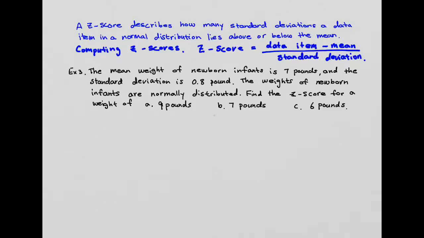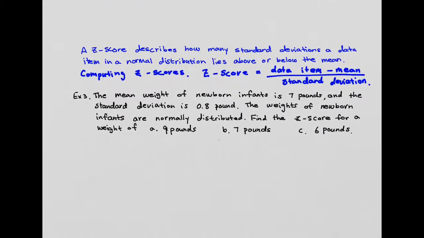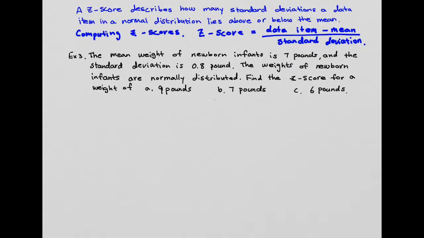So these values that we were looking at before, the difference of this is going to be your z-score. And finding the z-score is going to be data item minus mean over standard deviation. Data item minus mean over standard deviation.